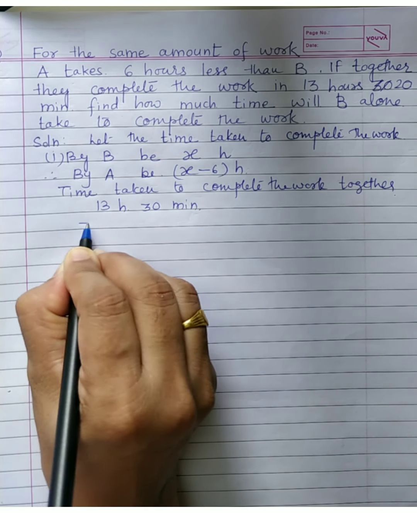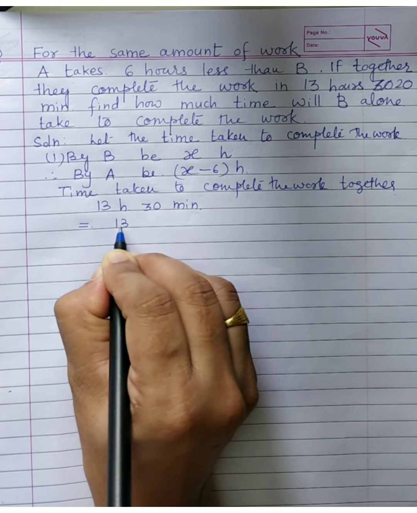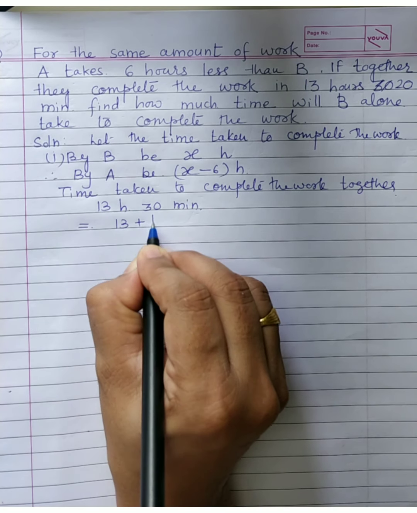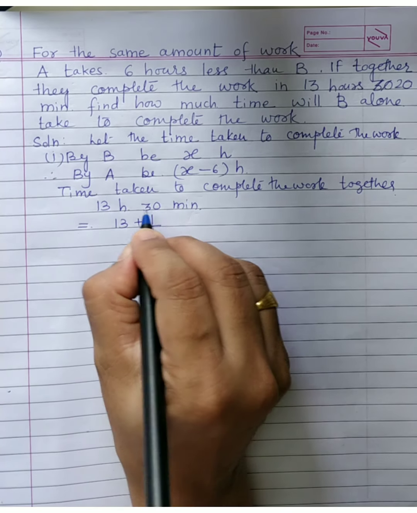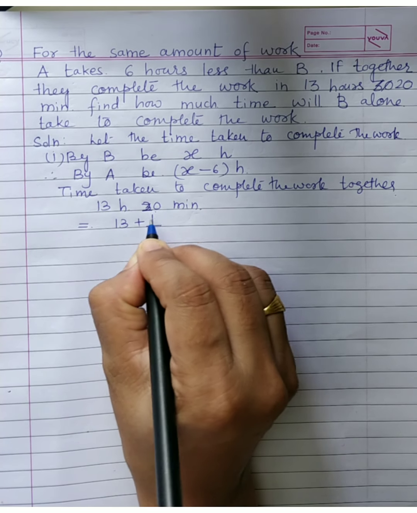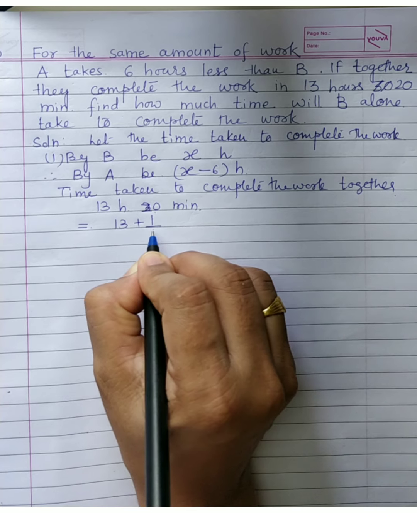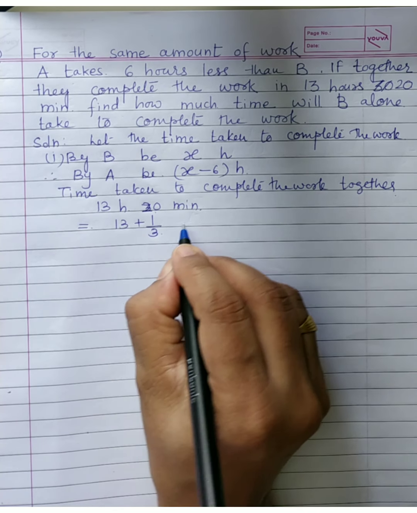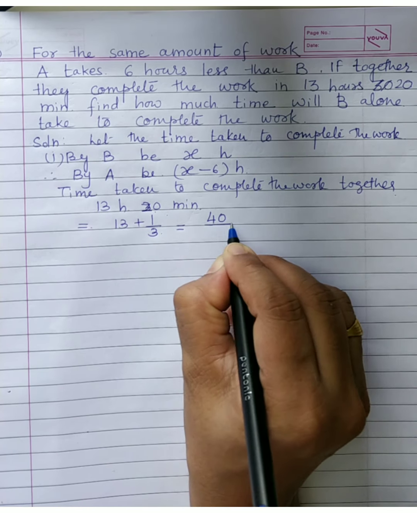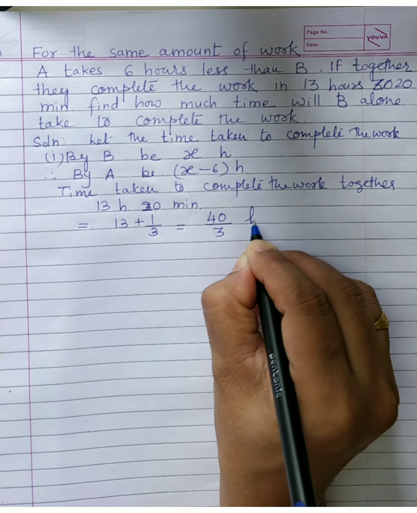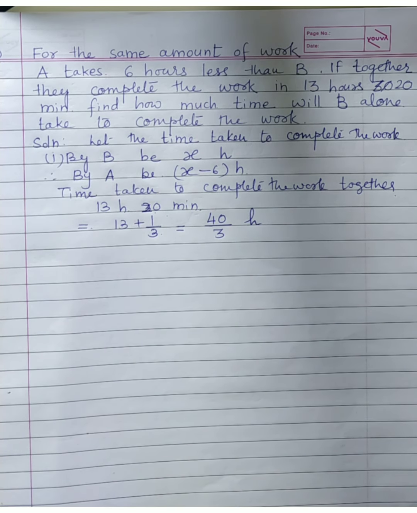So work out with this first. 13 as it is, 20 minutes will be what? 20 upon 60 means what it will be? 1 upon 3 hours. So 39 plus 1, 40 upon 3 hours. This is clear.